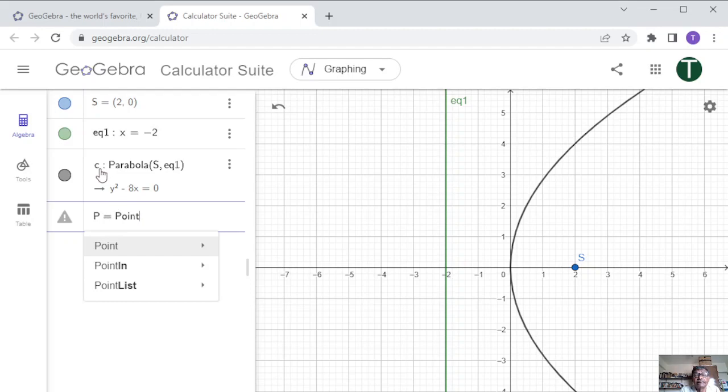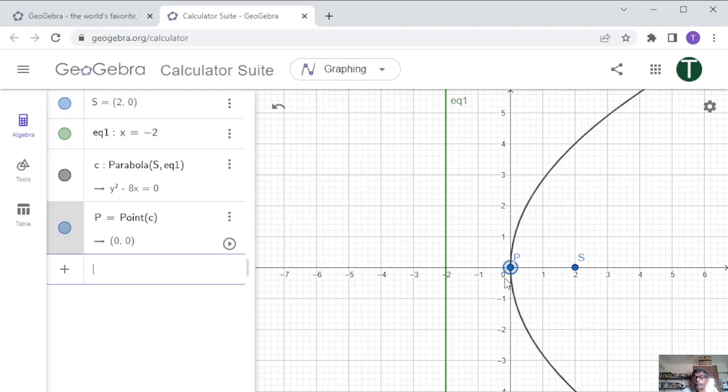On the parabola, that is C. The name of the parabola is C, the object name. So point P is on C. And you see it has drawn a point, and this point will always be confined to the parabola, and that is what we have seen.